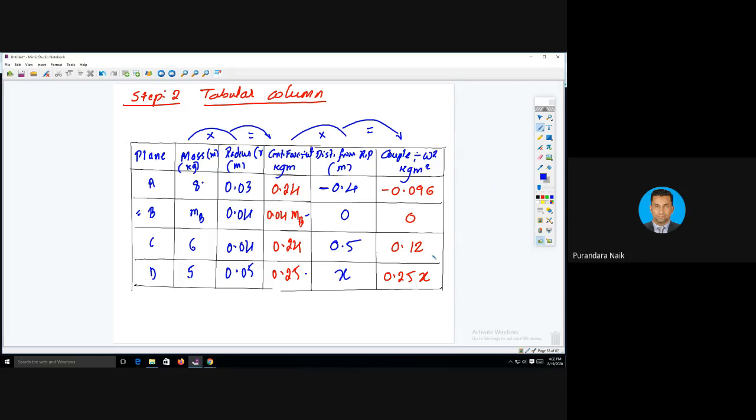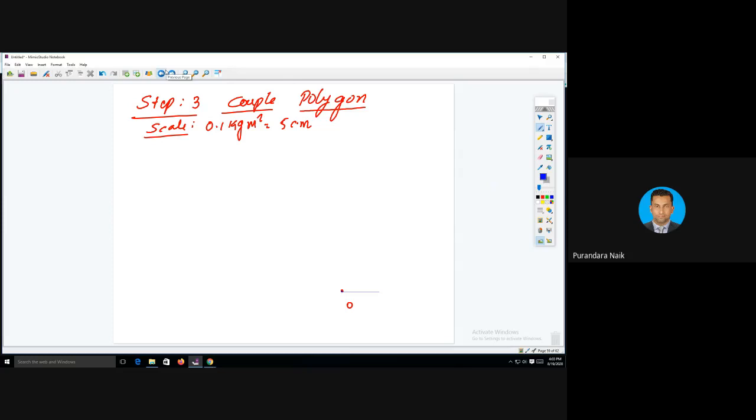That's why 0.096 is equal to 5 divided by 0.1 into 0.096, that is 4.8. We'll get a 4.8 centimeter length. So take 4.8 centimeter. But positive or negative? It is negative because it is minus 0.096.